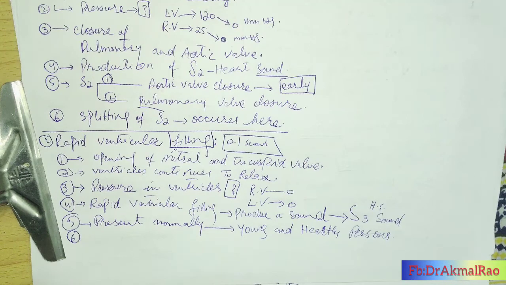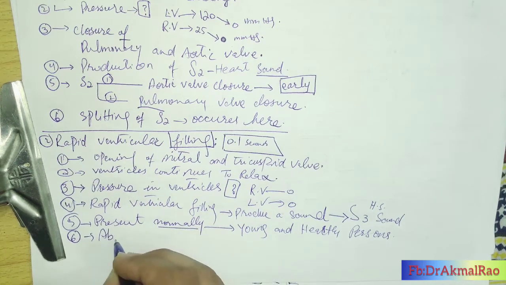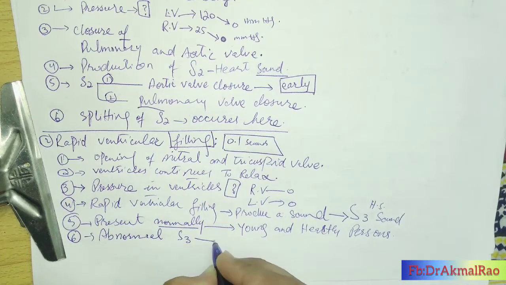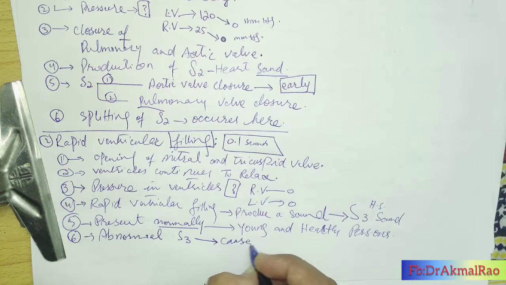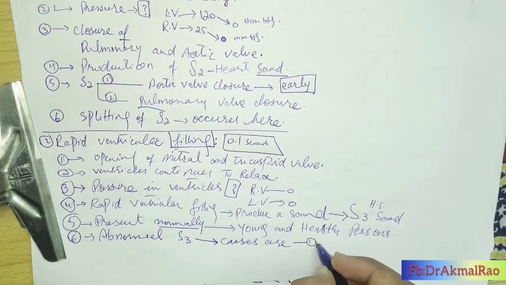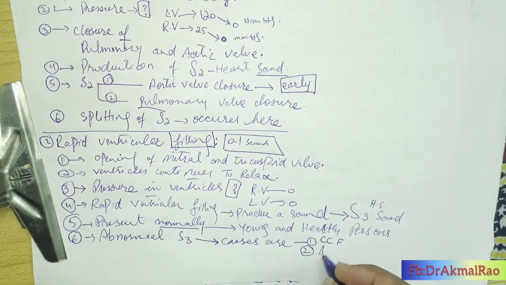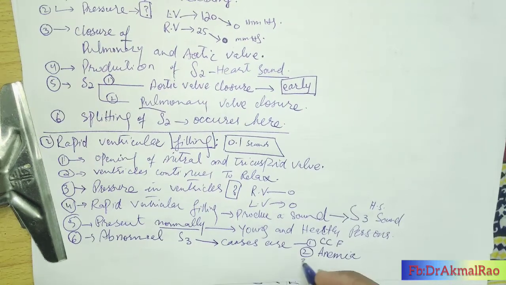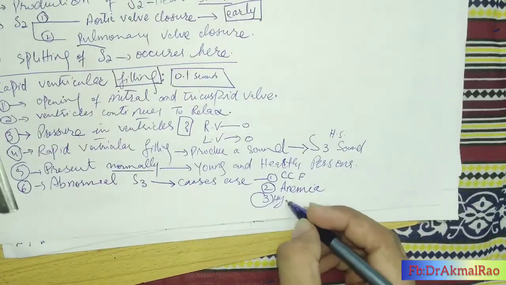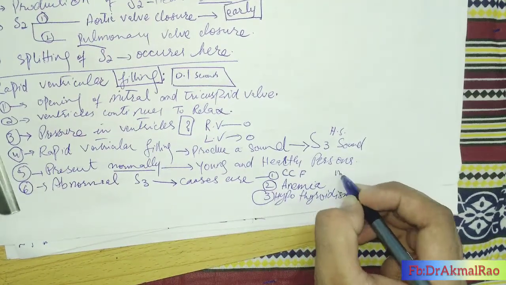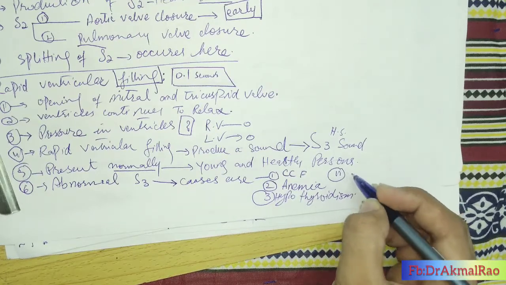And the sixth point is that was normal, and now abnormal S3 sound is produced, and the causes are: the first one is congestive cardiac failure, the second is any kind of anemia, the third one is hypothyroidism, the fourth is fluid overload.